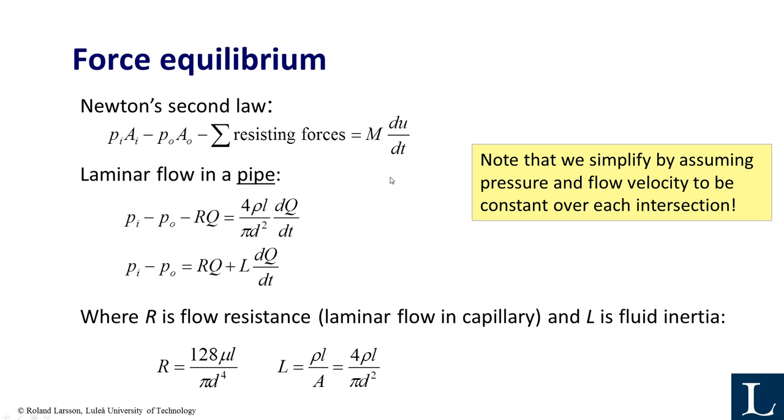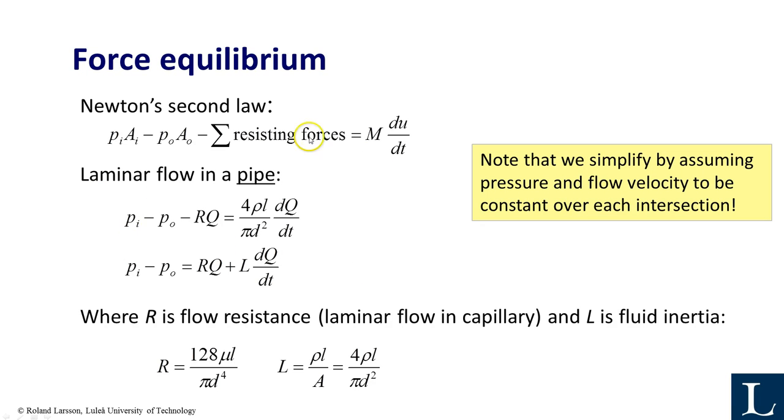So now if we assume that we have a pipe, we assume that we have a laminar flow. You better read some fluid dynamics basic books. If you have a problem to follow this, you should read some fluid mechanics book.